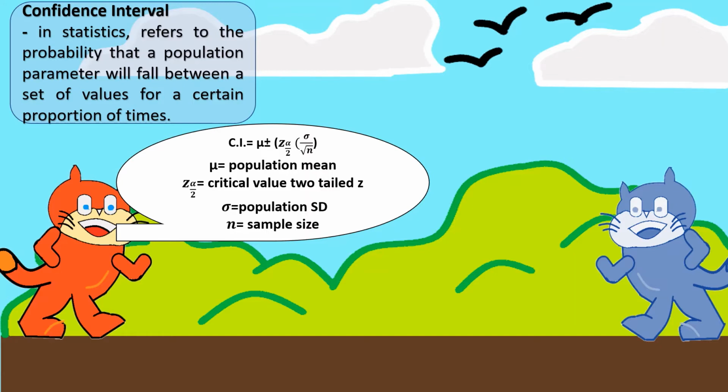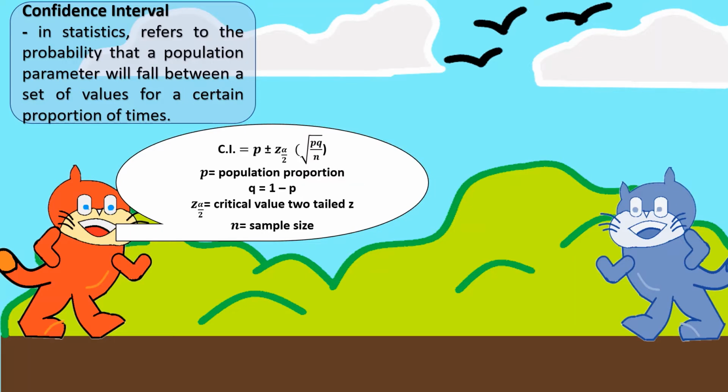And our standard error is the quotient of population standard deviation and the square root of the sample size. So the confidence interval is equal to the population mean plus minus the critical value of 2 tail z multiplied to the population standard deviation divided by the square root of the sample size.